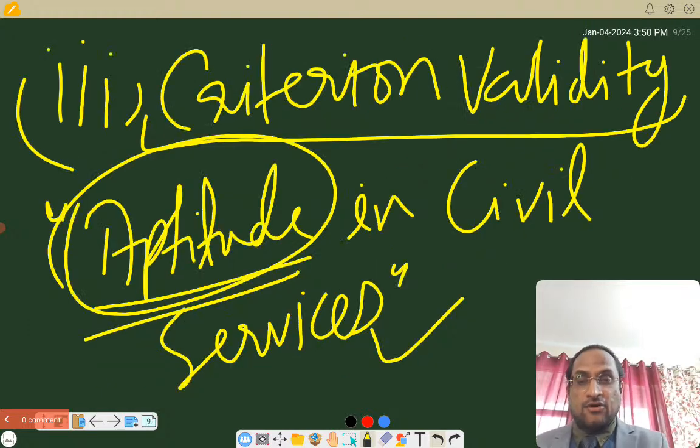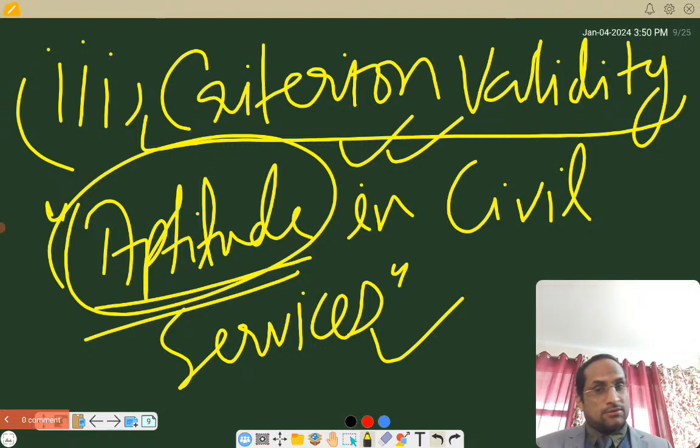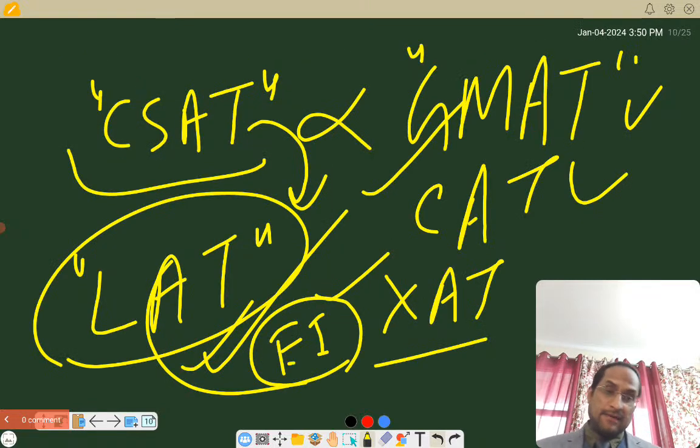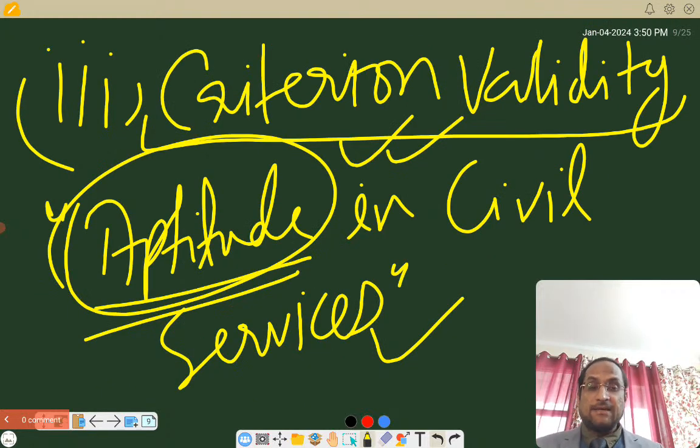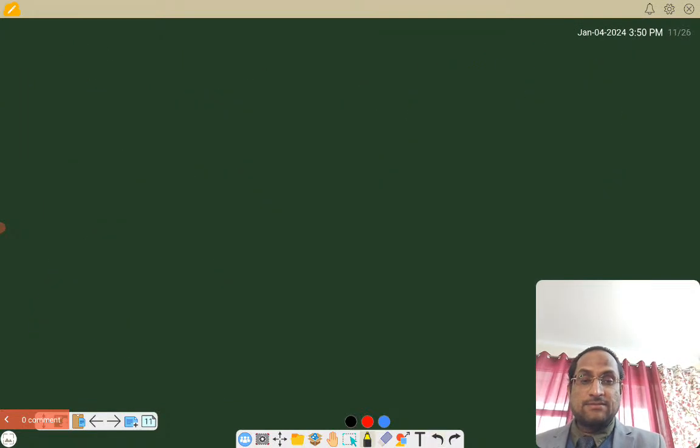So this way we are talking about criterion validity. So these are the tests which are available. Suppose we are saying that the Civil Services Aptitude Test, so concurrent and predictive, two types of validity are there. What is concurrent, what is predictive?